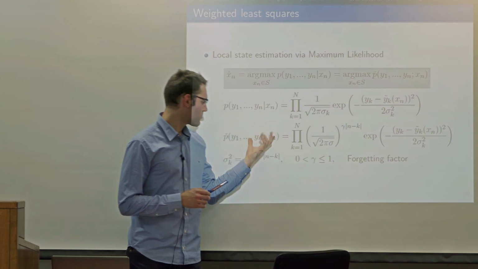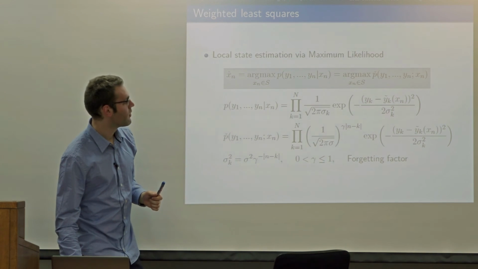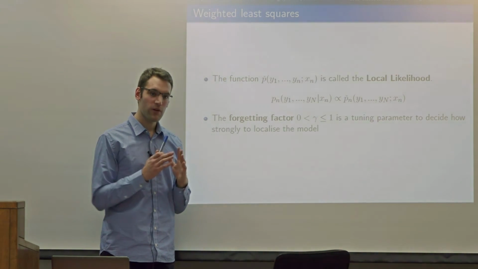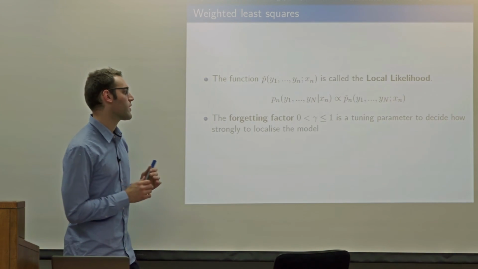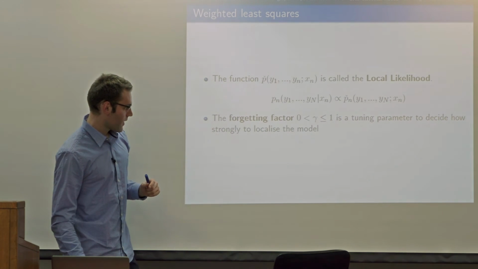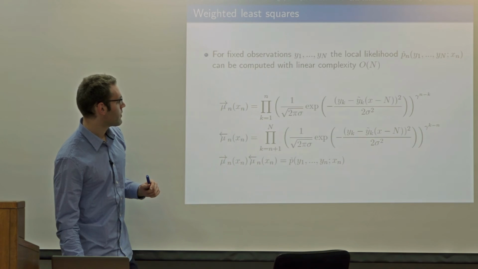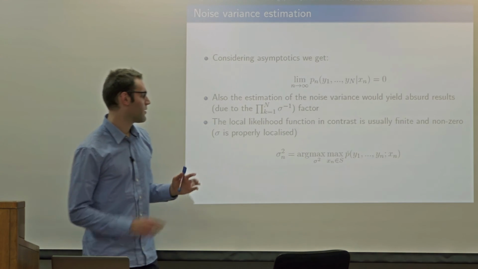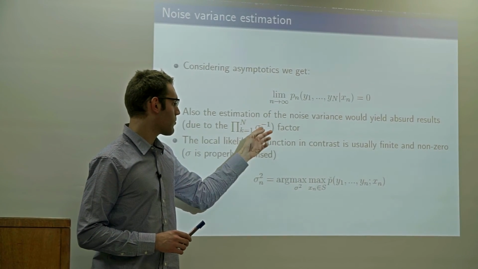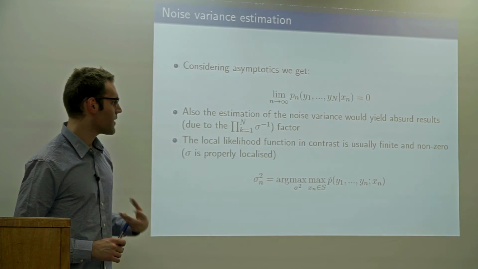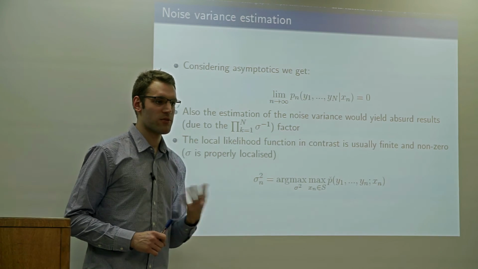But now with this so-called local likelihood function, we are able to get a local estimate of the noise variance. Because in the normal case, due to this 1 over sigma factor, estimating the noise variance would just give absurd results.